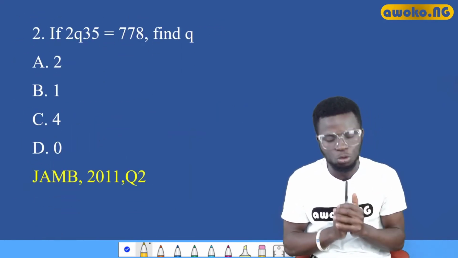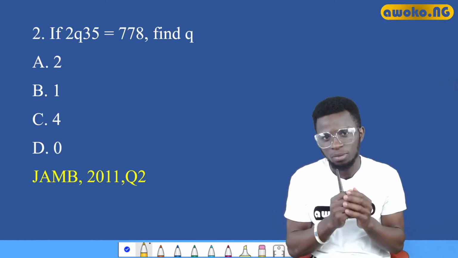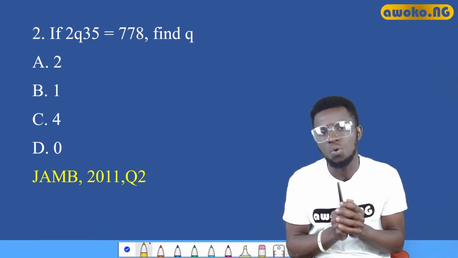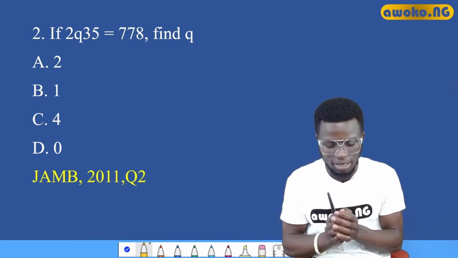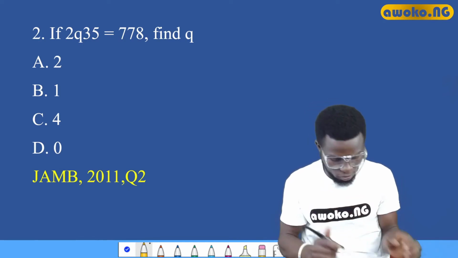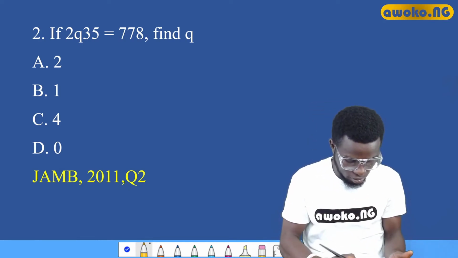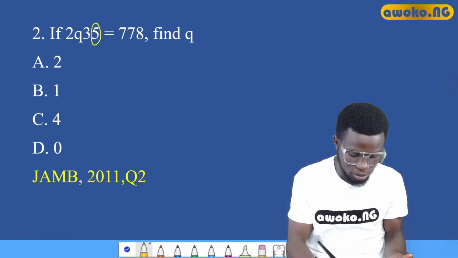We have, if 2q3 base 5 is equal to 7 base 8, then find the value of q. I want you to take note that these are the bases.